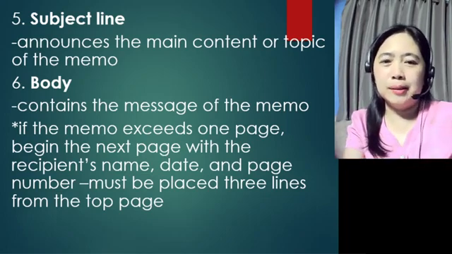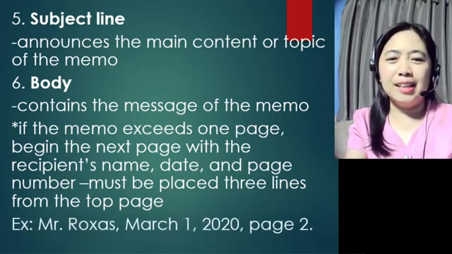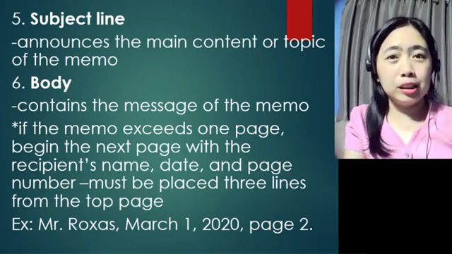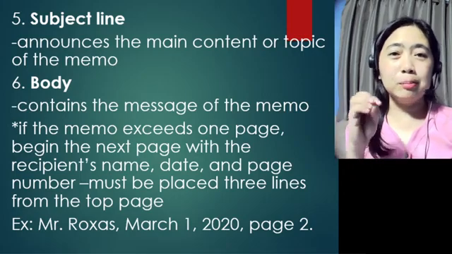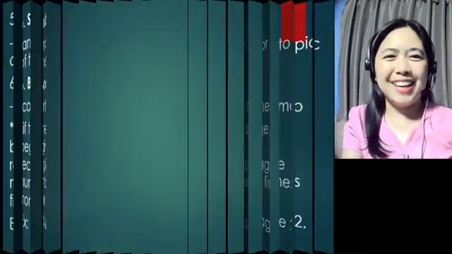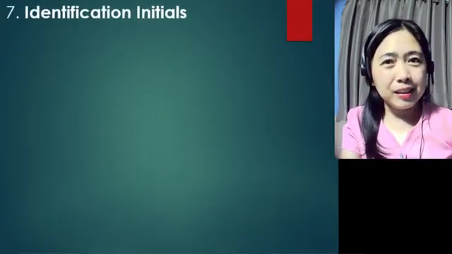It must be placed three lines from the top of the page. Here is an example: Mr. Rojas, March 1, page 2. It's preferred to use page 2 instead of 2 of 2, which I mentioned earlier. That's more formal.